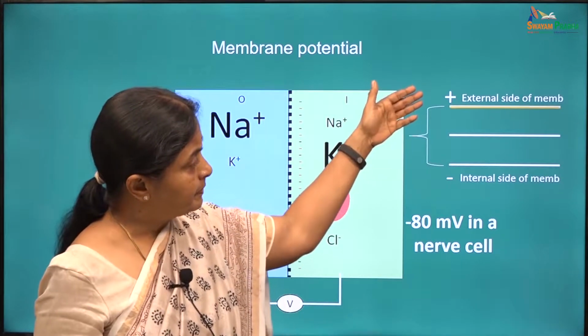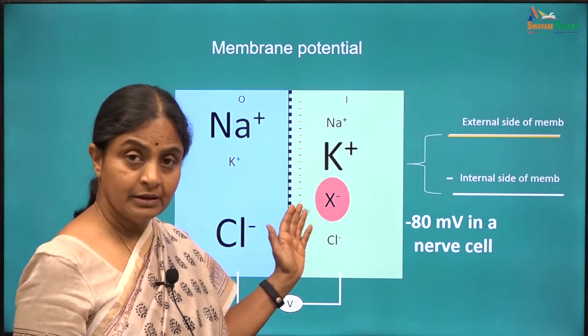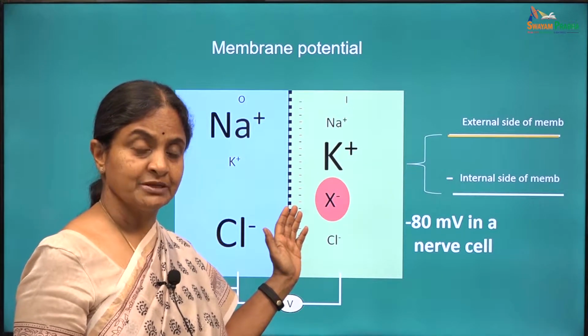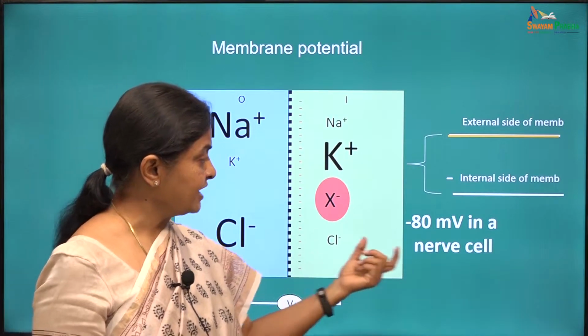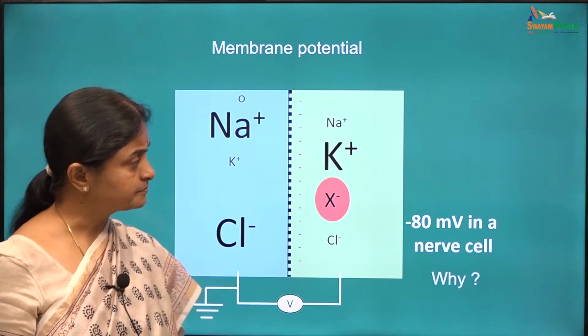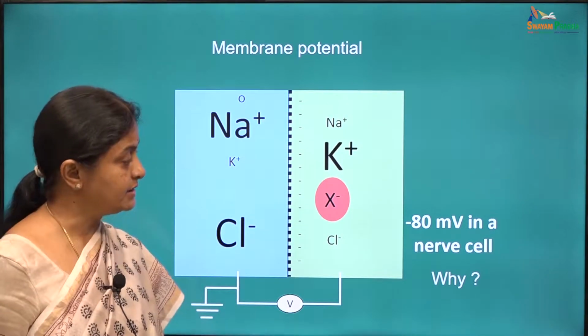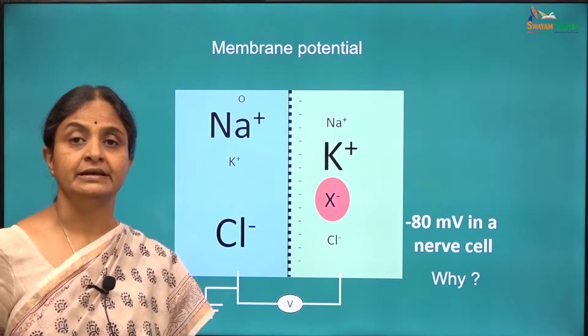However, the field per se will not change, as the inside will become that much more negative, and that is what we are measuring as minus 80 millivolts. And the question we are trying to answer is, why is there an internal negativity?